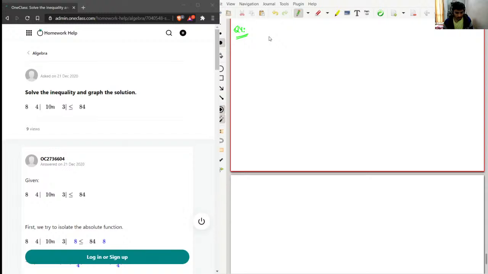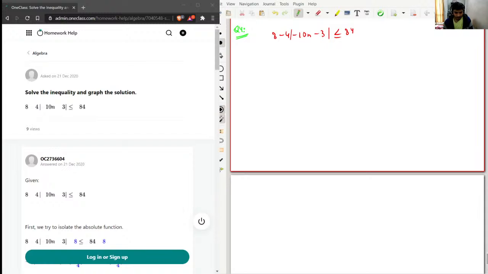So we need to solve the inequality and graph the solution. The inequality is 8 minus 4 times magnitude of minus 10n minus 3 is less than equal to 84. For this case, we'll have two conditions.